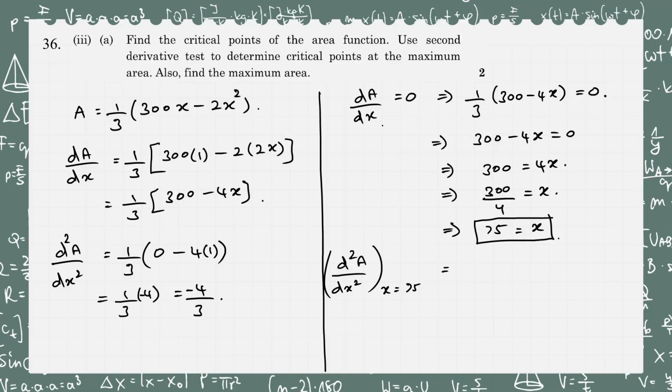Now setting dA by dx equal to 0, we get 1 by 3 into (300 minus 4x) equal to 0. That gives you 300 minus 4x equal to 0, because 1 by 3 is non-zero. That gives 300 equal to 4x, so x equals 300 by 4, which is 75. So d square A by dx square at x equal to 75 will still be minus 4 by 3, because there is no variable in it, which is a quantity less than 0.